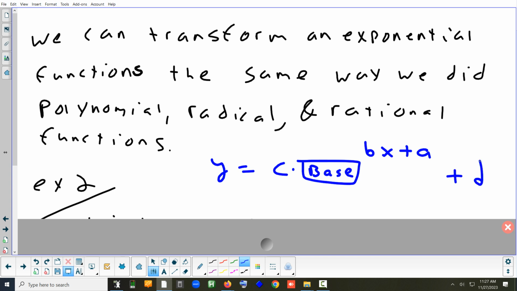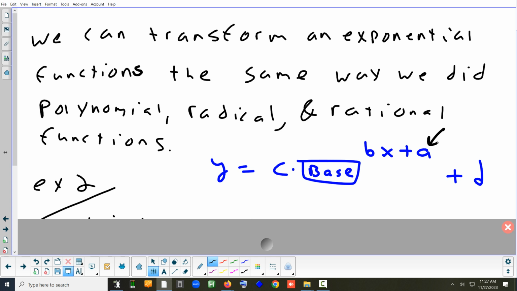The a, the b, the c, and the d do the standard transformations that we're used to. The a and the b are inside the exponent. Those are going to be your horizontals. The c and the d are outside. Those are our verticals.